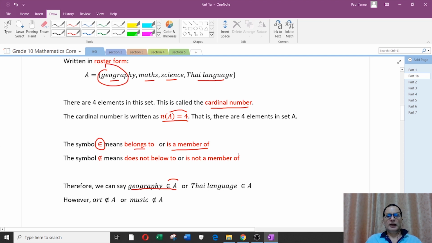Or Thai language is a member of set A. But we can see that art is not in set A, so art is not a member of set A. Or music is not a member of set A. You basically draw your symbol like that and put a line through it. That means not a member of, or not an element.